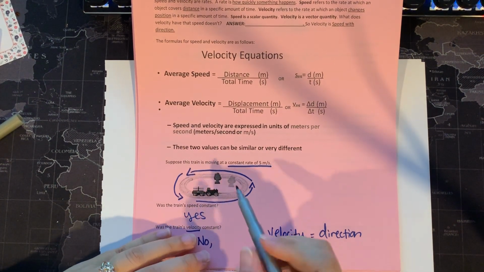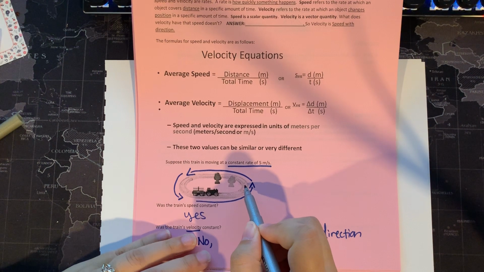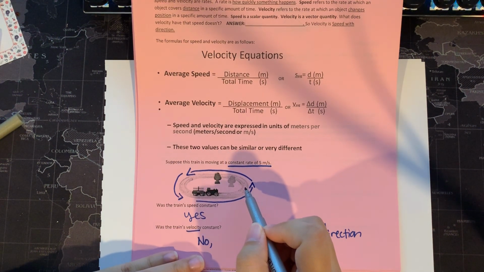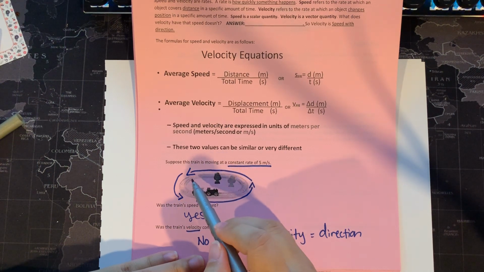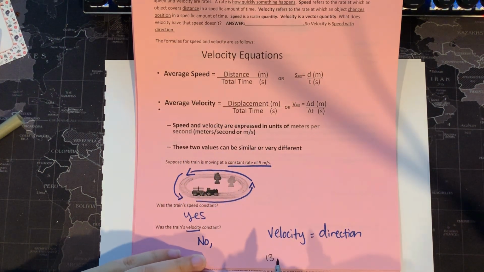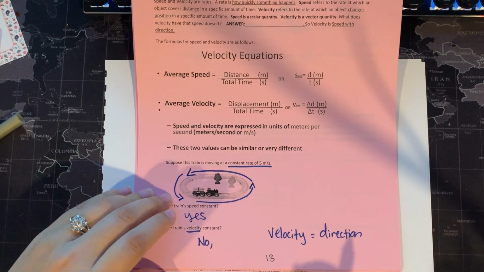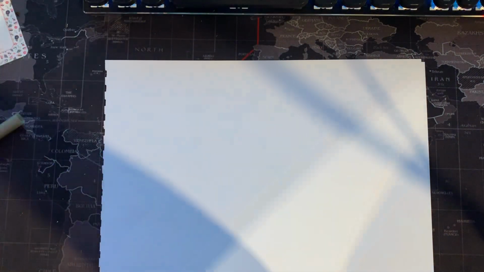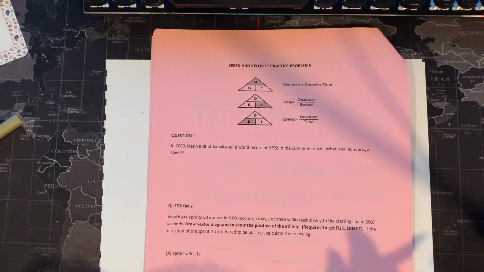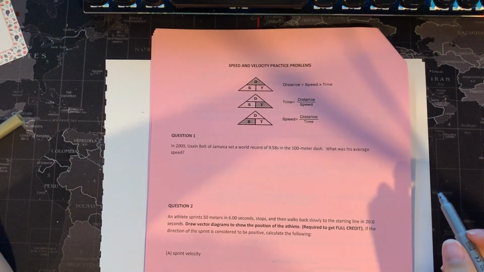So every time the train comes around this corner, it's already changing direction. That means your velocity is not constant. Every time it comes around, it changes direction. So the velocity cannot be constant. Direction changes, velocity changes. So we're going to continue work on these problems.